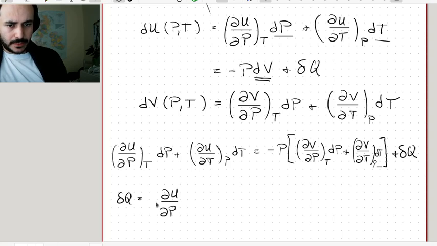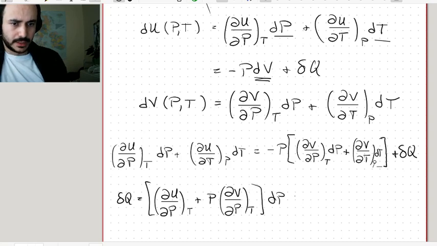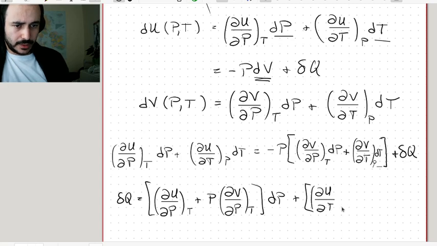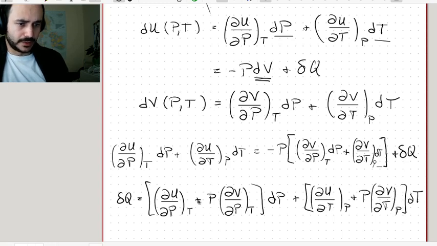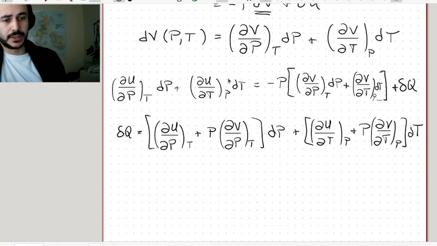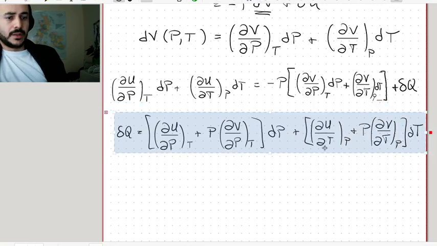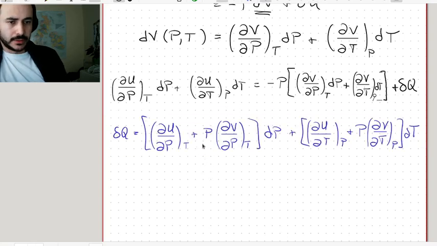A partial derivative of U with respect to P at constant T, plus P partial derivative of V with respect to P at constant T, differential of P. Okay, and then the other term that goes proportional to differential of T, which is the partial derivative of U with respect to T at constant P, plus P partial derivative of V with respect to T at constant P, everything times differential of T. This is the second expression for the infinitesimal reversible heat exchange in an expansive system doing a, let's say, infinitesimal reversible process, okay? So, okay, fine, that's an expression for now.